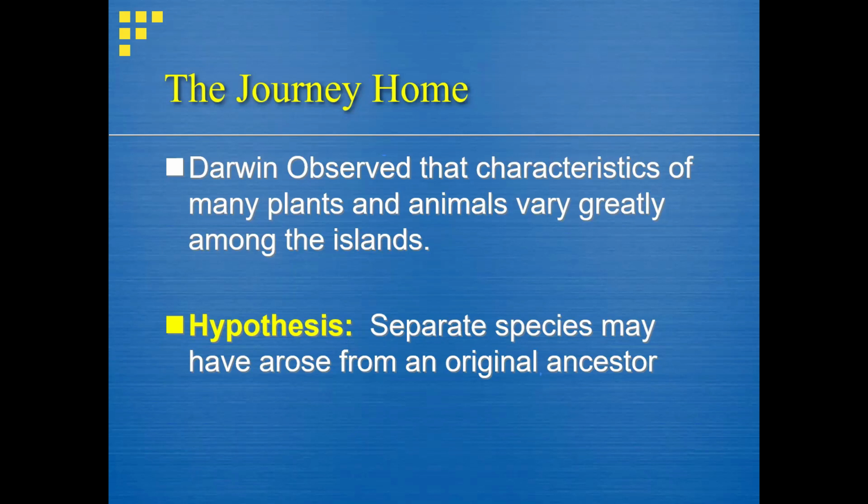So it means that species of organisms that have similar features in terms of some anatomical structures may have arisen from an original ancestor. All of them may have come from the same ancestor.